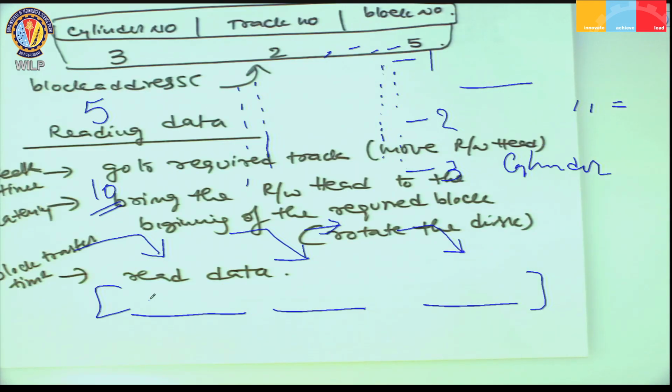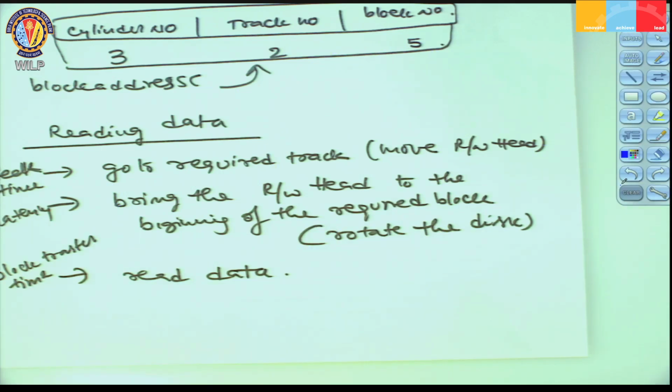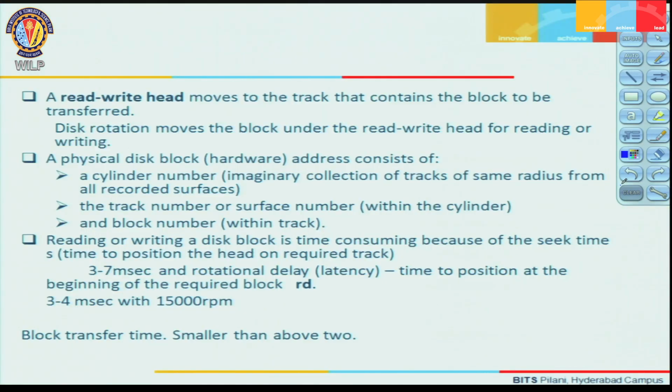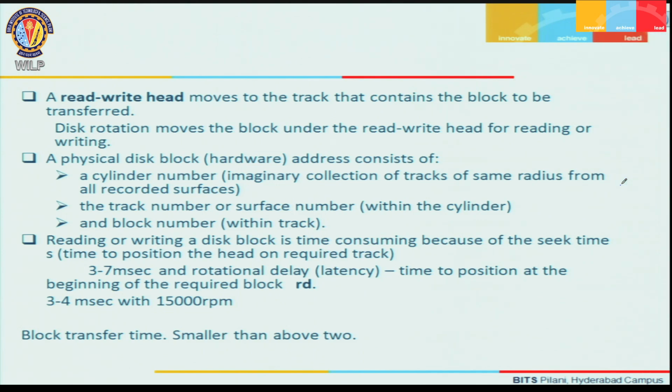One more important feature of the hard disk is, if I want to read the data, a read write head moves to the track that contains the block to be transferred. Disk rotation moves the block under the read write head for reading or writing. A physical disk block, which is a hardware address, consists of a cylinder number, a track number and the block number. Just now we have seen what the meaning of this is.